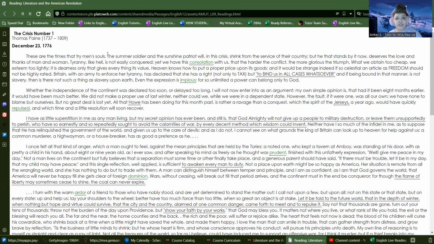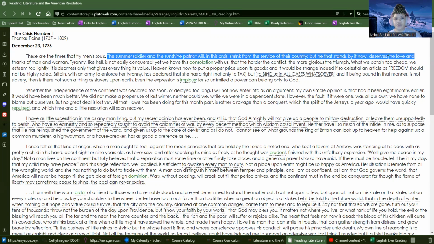It says here, the summer soldier and the sunshine patriot will, in this crisis, shrink from the service of the country. But he that stands by it now deserves the love and thanks of man and woman. So this sentence, the summer soldier and the sunshine patriot, these are metaphors. Summer is a season that comes and goes. Sunshine is a type of weather that comes and goes.